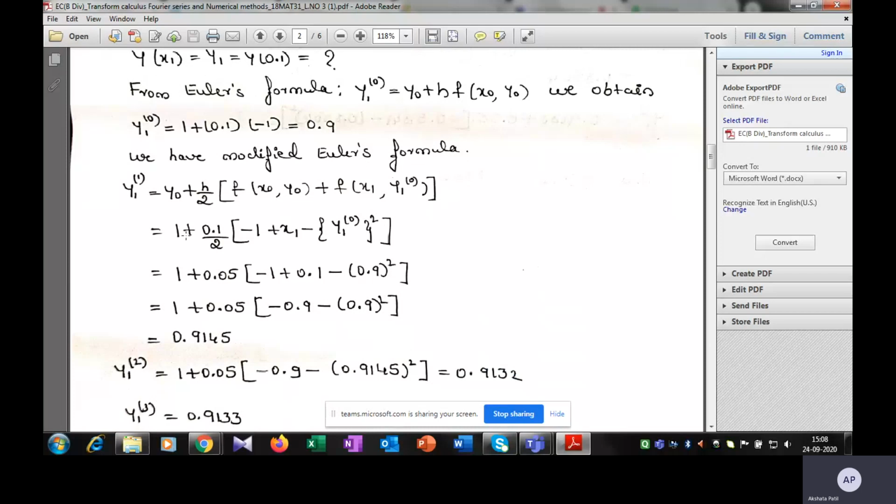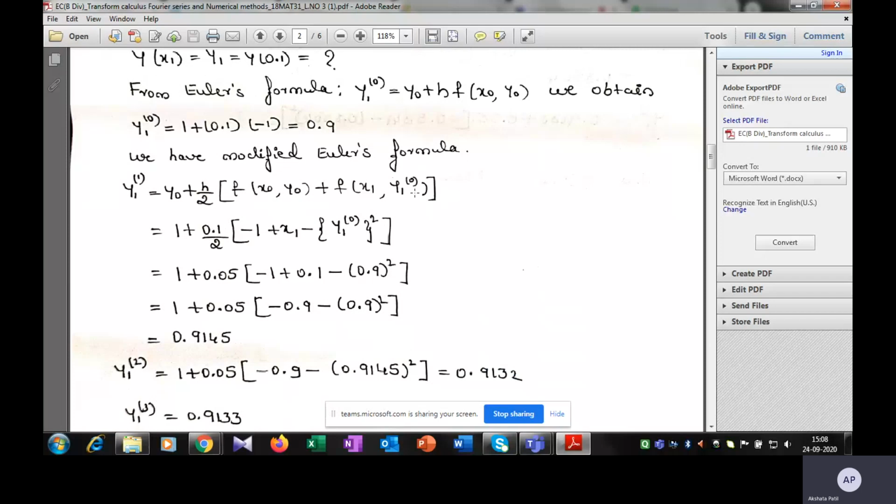So put the values here. Y naught is 1, plus h means 0.1 divided by 2. So open the bracket, f of x naught comma y naught we already calculated above, that value is minus 1. Throughout this example, the f of x naught comma y naught value remains the same. Plus f of x1 comma y1 of initial approximation.